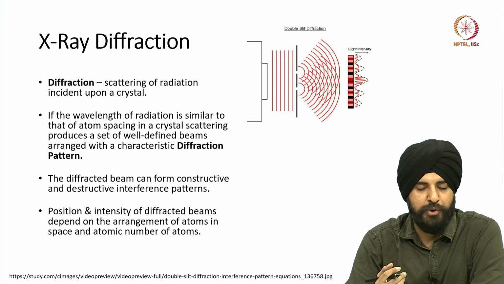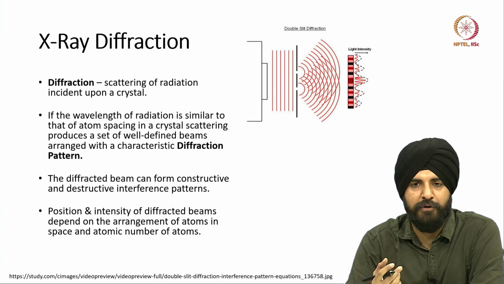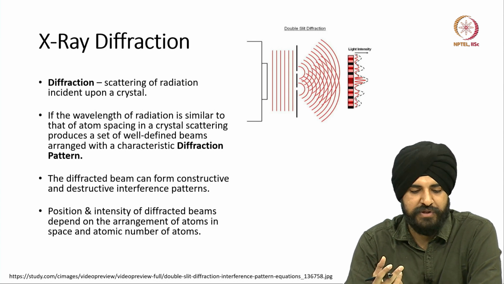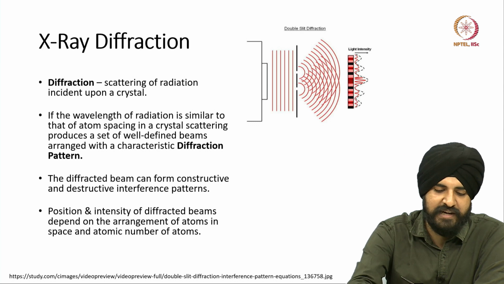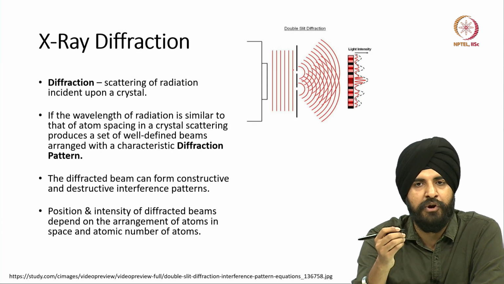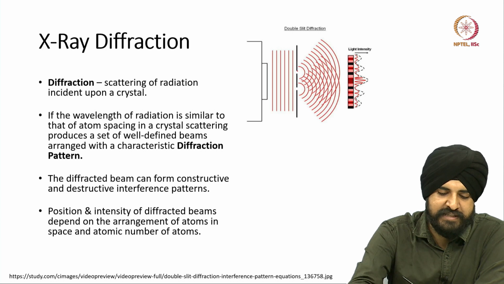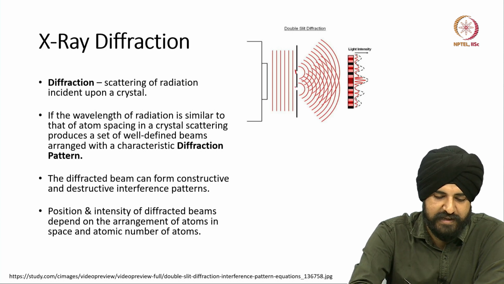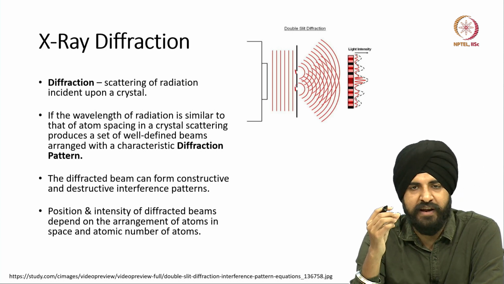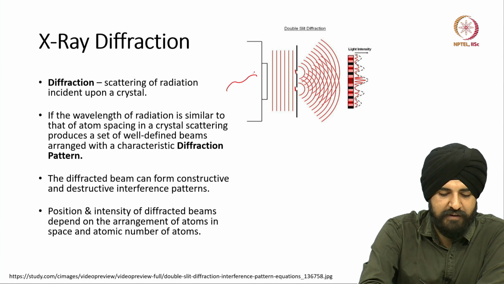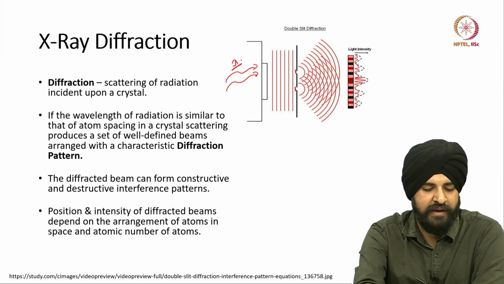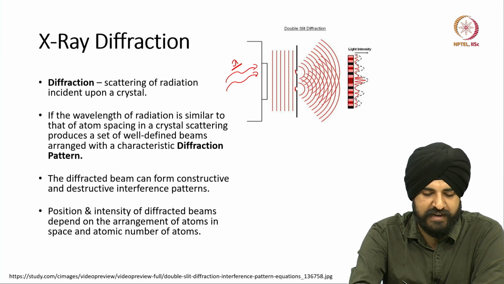To understand diffraction, we will talk about a very basic example. This experiment is Young's double slit experiment, which you might have read in your +1 or +2 in great detail. In Young's double slit experiment, we have two slits and the slit width is very small. We have some incident radiation, and in this experiment the wavelength of the radiation is of the order of the slit width.